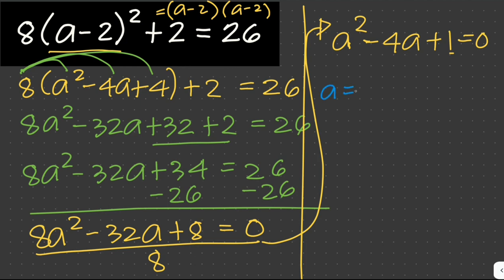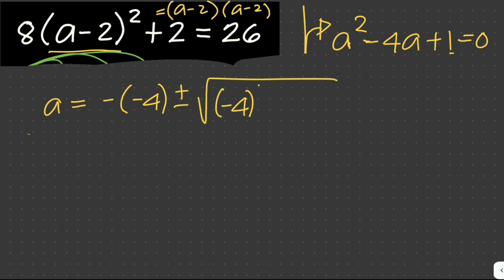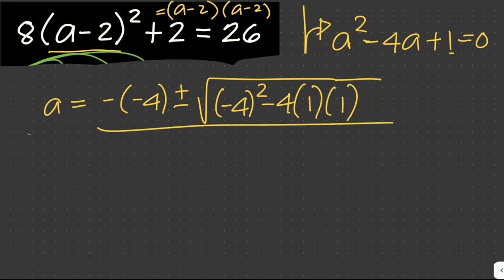So this would be a equals the negative of negative 4 plus or minus the square root of negative 4 squared minus 4 times a, which is 1, times c, which is 1, over 2 times 1.